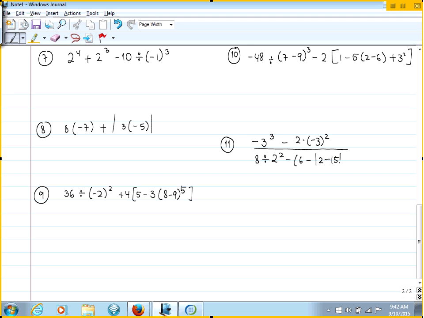Absolute value first. Alright, so let's try this. So you guys try it first. Okay. This is not difficult, but a little longer.